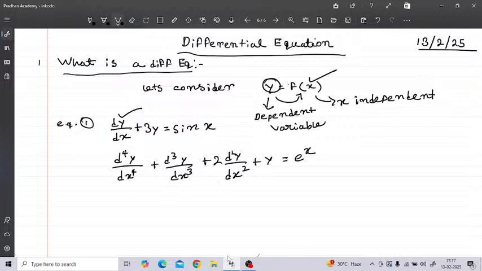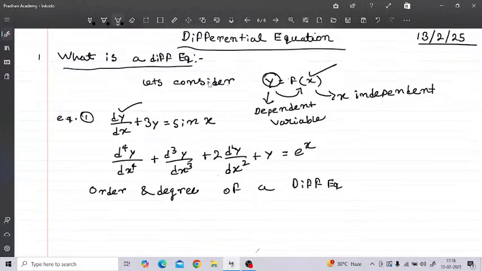Now mainly we will study today the order and degree of a differential equation. Okay. So from this subtopic in your exam there will be just one or two questions.